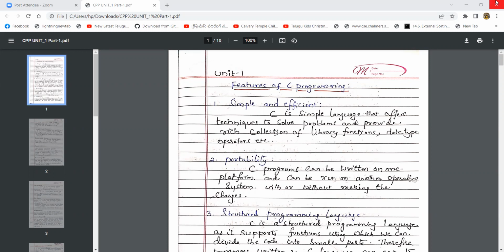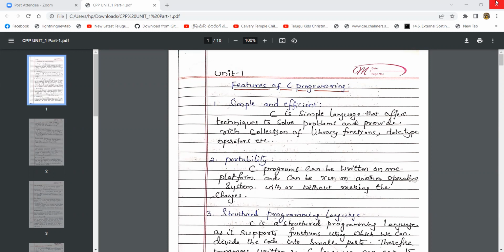So C was invented in 1972 by Dennis Ritchie at AT&T Bell Laboratories, which was first used for developing an operating system, the Unix operating system. Later it was used to develop many complex applications.